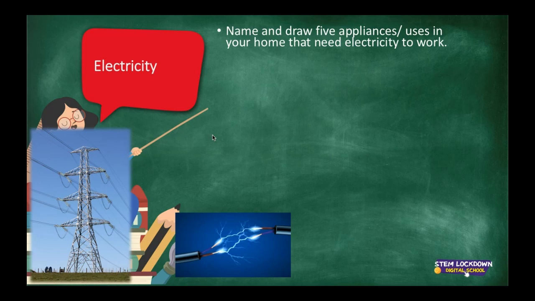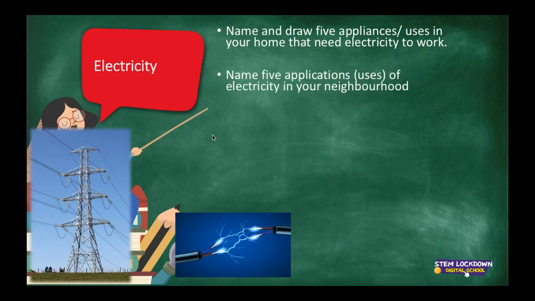All right, I will have a look at those answers shortly. Right, the next thing, I would like you to name 5 applications or uses of electricity in your neighborhood. So now think about the area that you live in. What is electricity used for in your neighborhood?